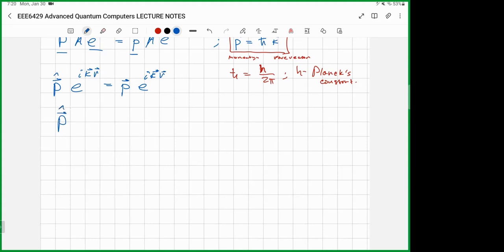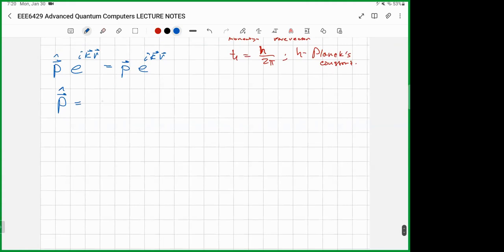So the operator of momentum is equal to minus i h bar, Planck's constant, times this operator from vector analysis: x hat, the unit vector in the direction x, times d/dx, plus unit vector in direction y times d/dy, plus unit vector in direction z times d/dz.